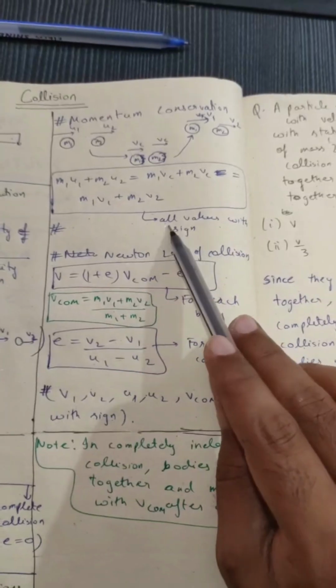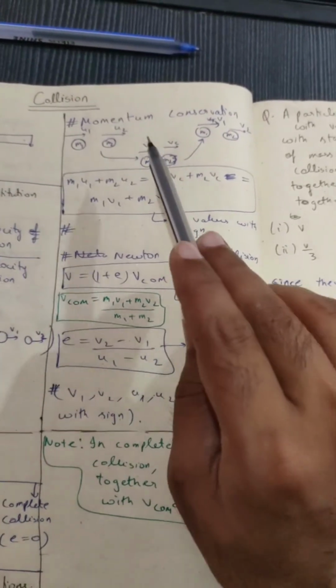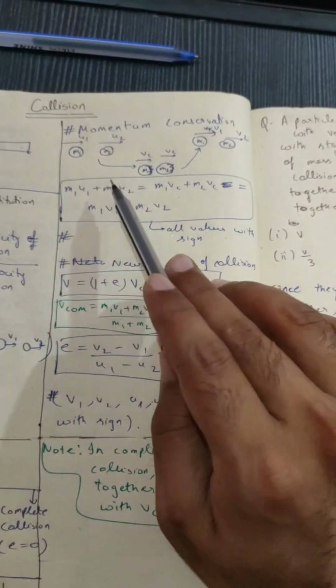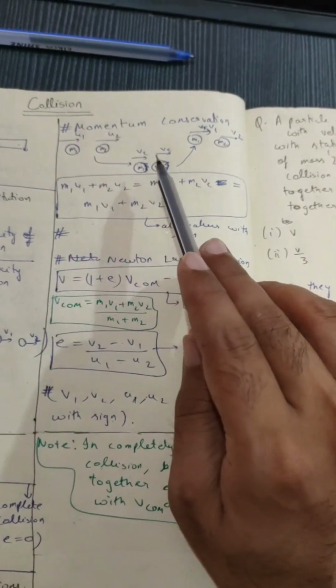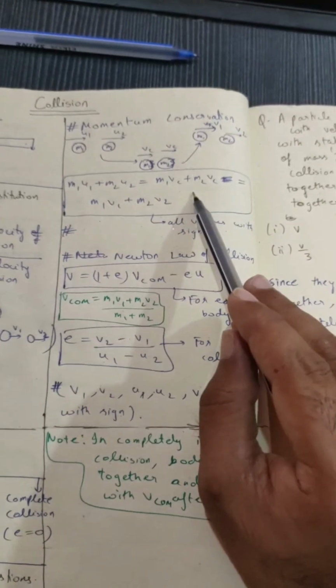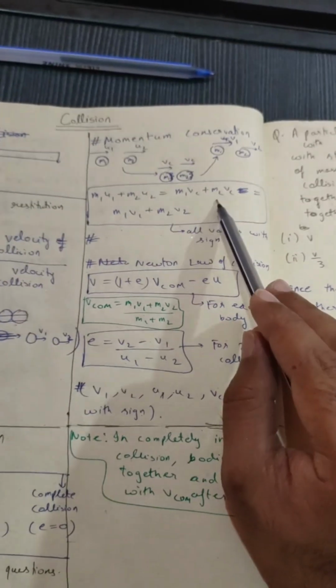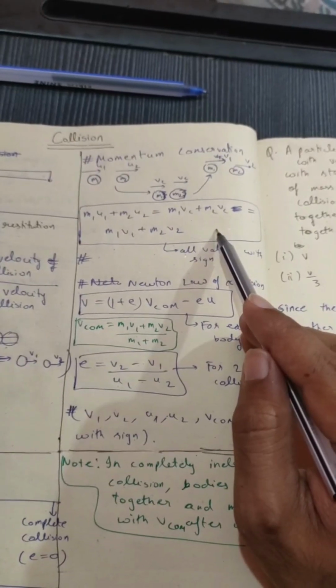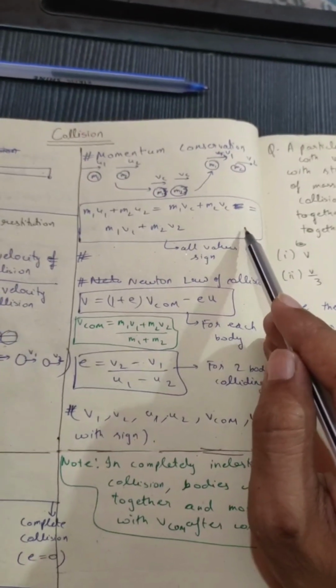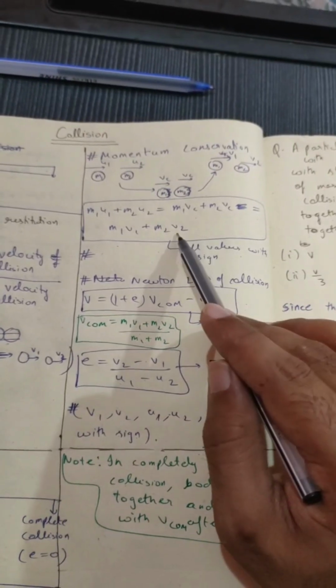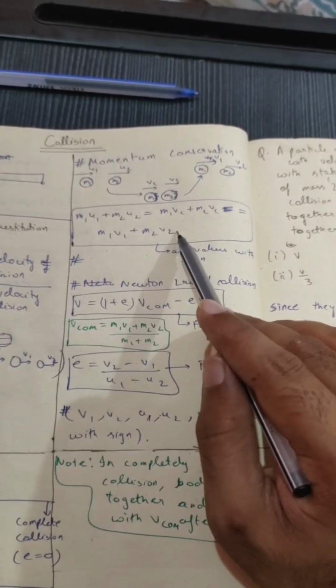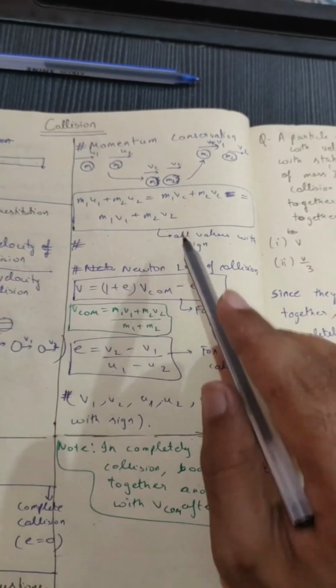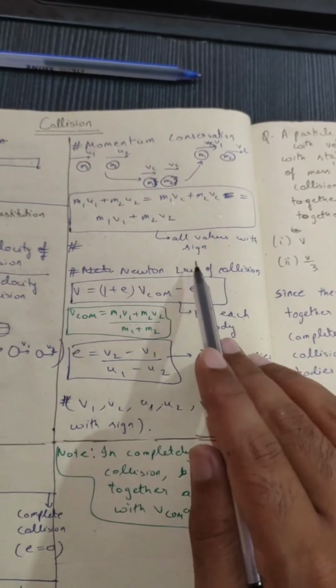Also, whatever values we put in this formula, like u1, u2, vc and v1, v2, should follow the sign convention: velocity towards the right is positive and velocity towards the left of the x-axis is negative. So this is the convention to be followed.